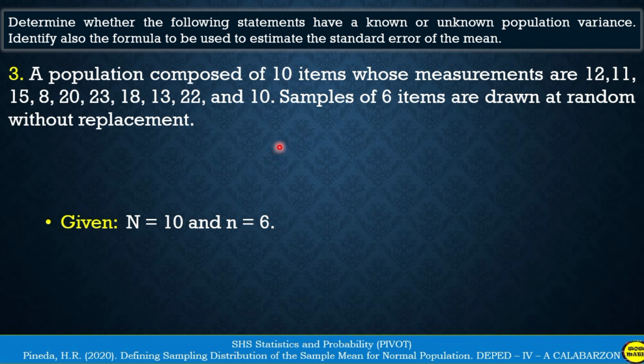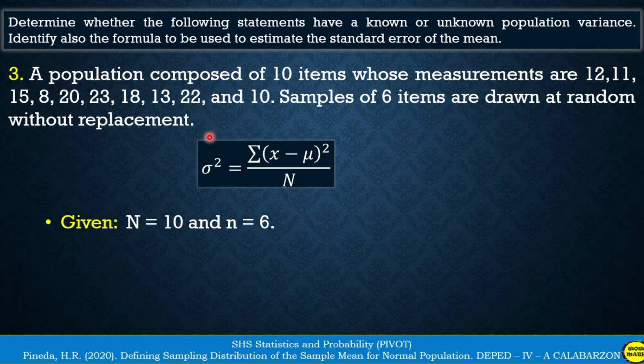So, sa situation na to, this is a population data. So, therefore, ang population variance natin is known. To compute the population variance, pwede natin gamitin itong formula na to. Kagaya ito ng example number 1 natin sa previous slide.